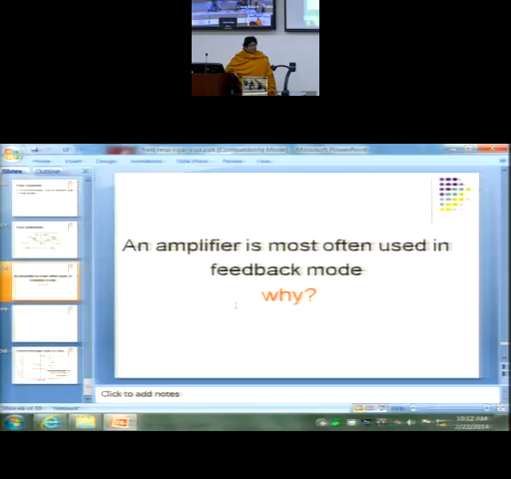It's a negative feedback. So if output is increasing, more is getting subtracted. Input comes down, so output comes down. If output is decreasing, less amount would be subtracted from the input, and the net input will increase. So output will also increase. So even if there is a fluctuation, still I will get a gain of 10.